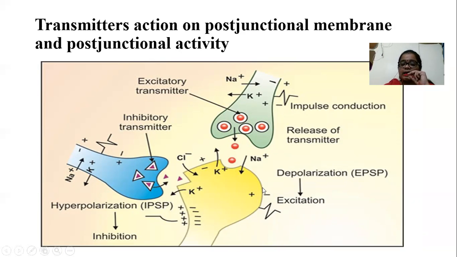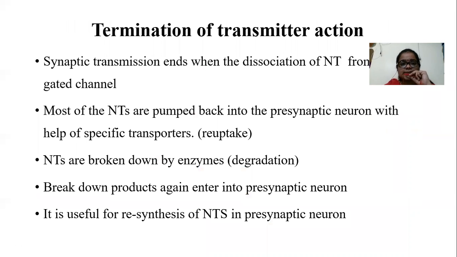Either excitatory postsynaptic potential or inhibitory postsynaptic potential happens in the postsynaptic neuron, depending upon the binding of neurotransmitters with the postsynaptic membrane. So this one is the third and fourth step. Next, the last step is termination of transmitter action.